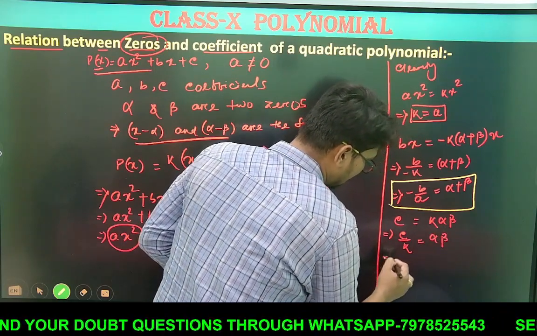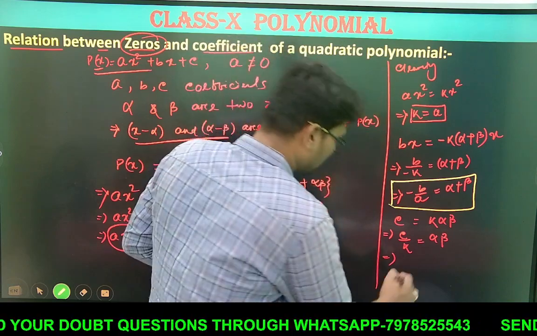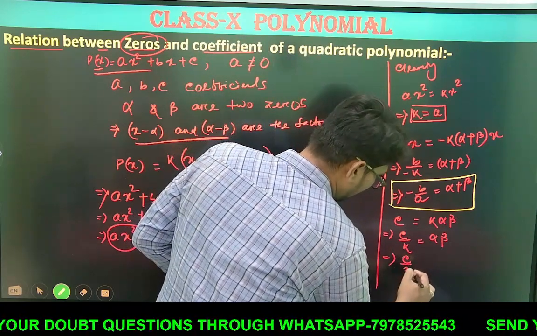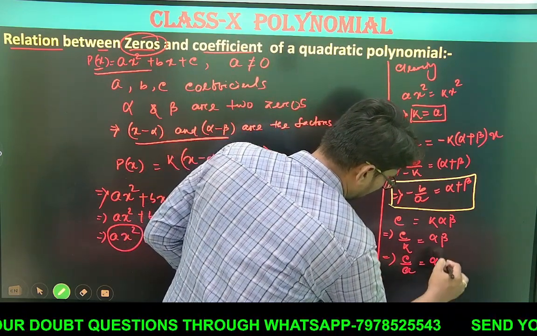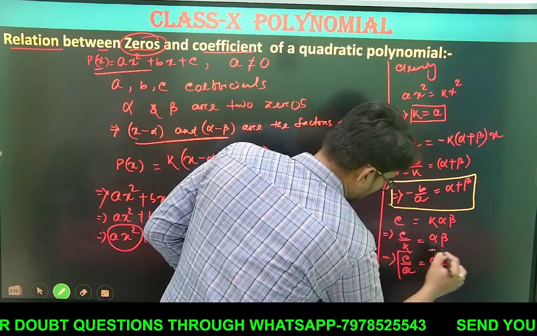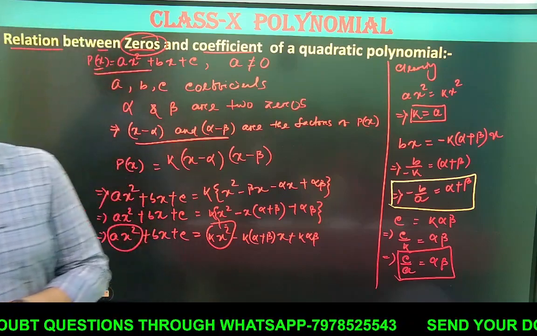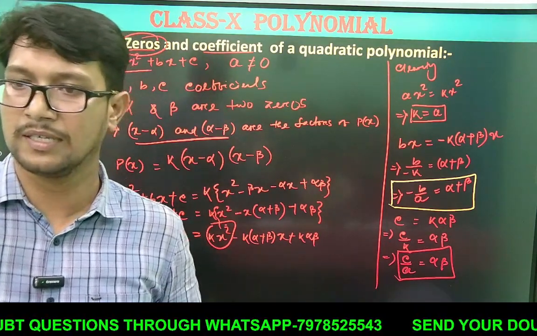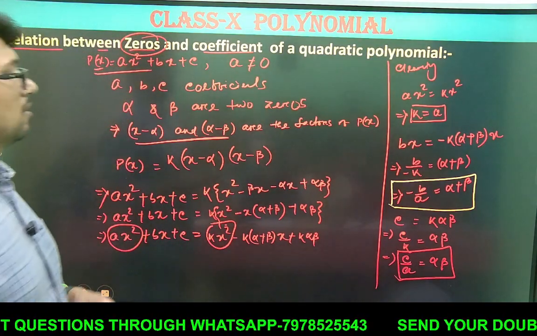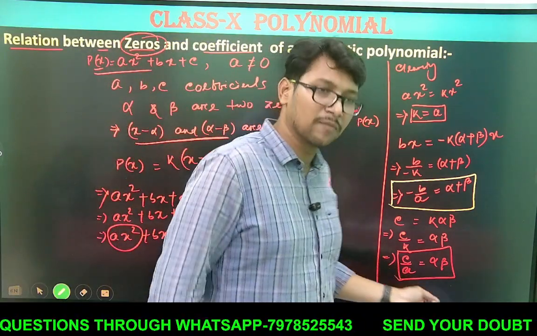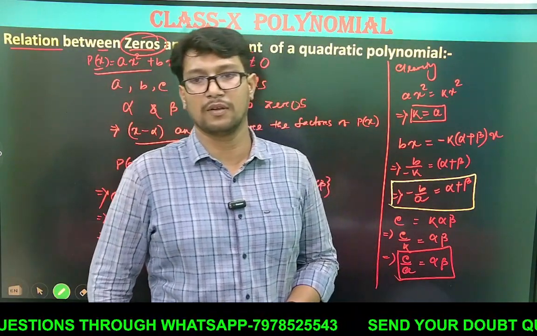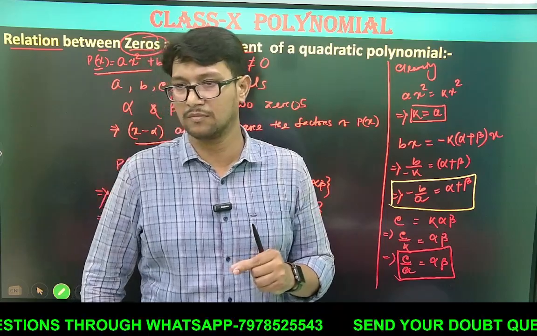And this is our second relation. What is the k value? So c by a equals alpha beta. So this is the second relation between zeros and coefficients. Product of zeros equals the constant term divided by the coefficient of the leading term.